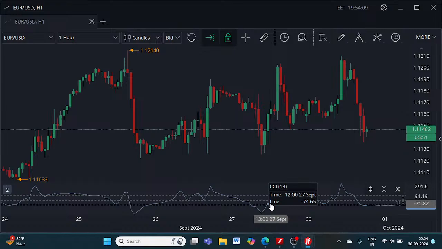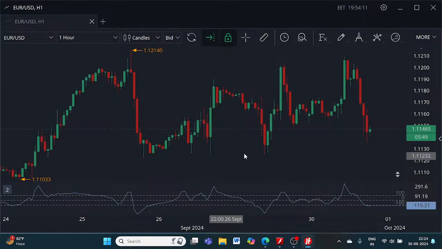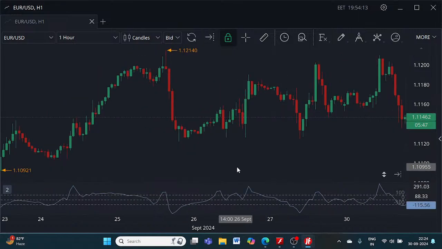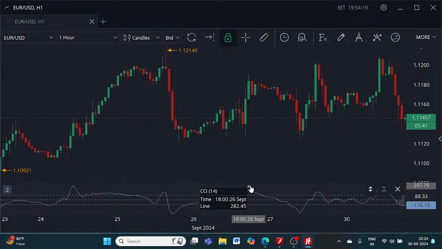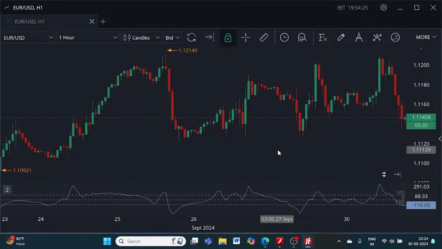So one way to trade is to initiate the trade when there is a drop of the CCI after having reached the extreme level, below 100 for the bullish momentum.